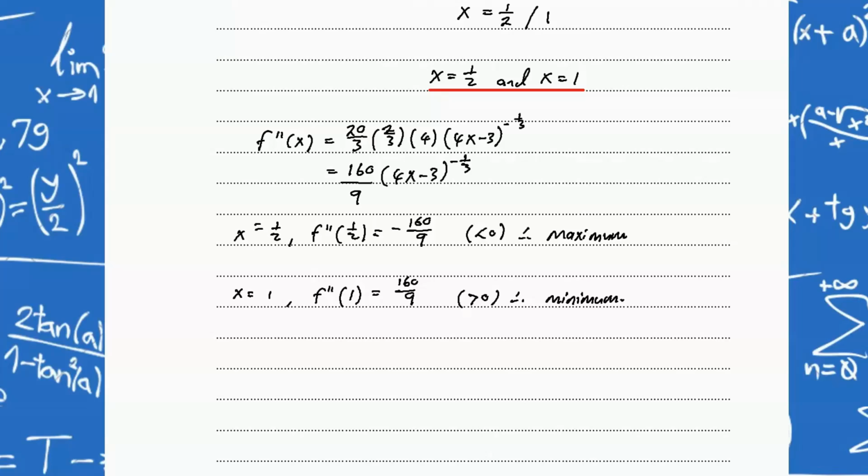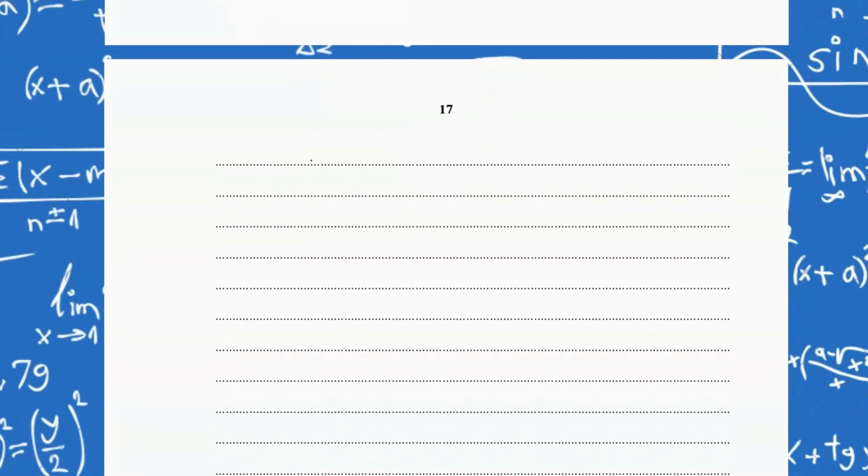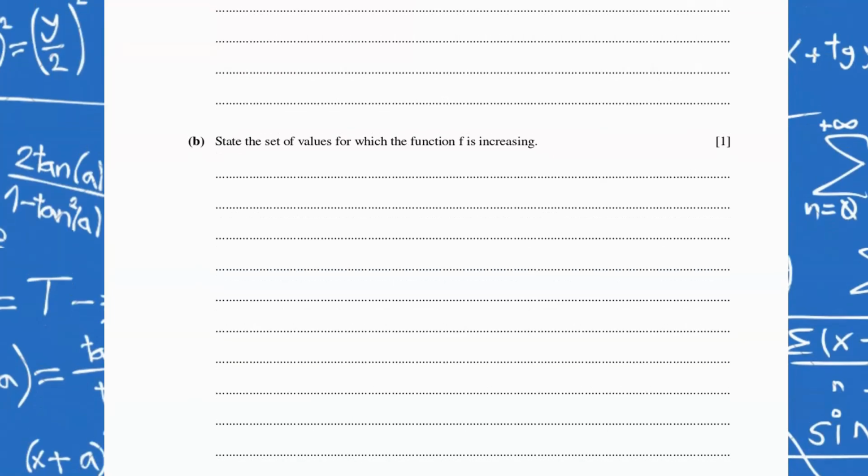Which means that when x is a half, since it's a maximum, it's a stationary point, and values less than a half have a positive gradient, and a negative gradient for values that are greater than a half.